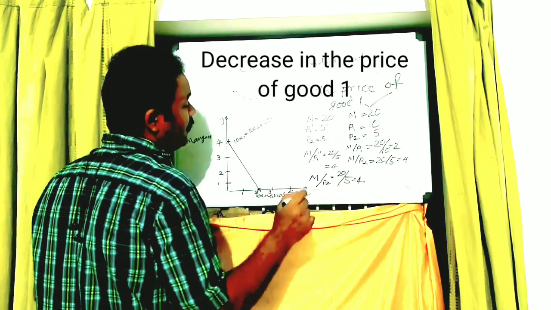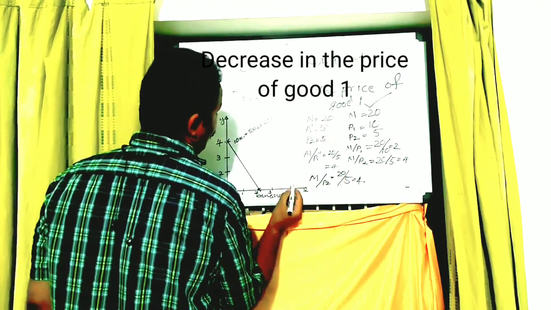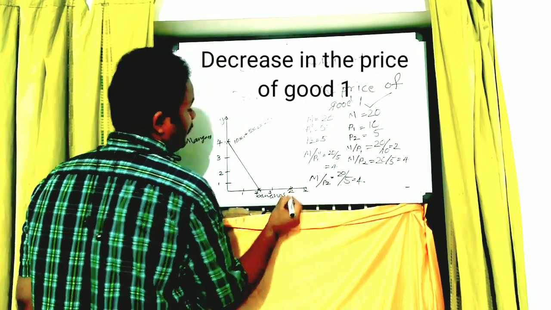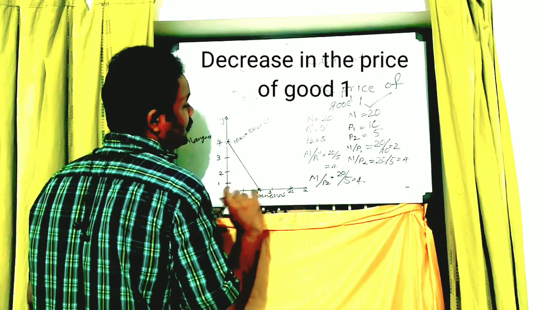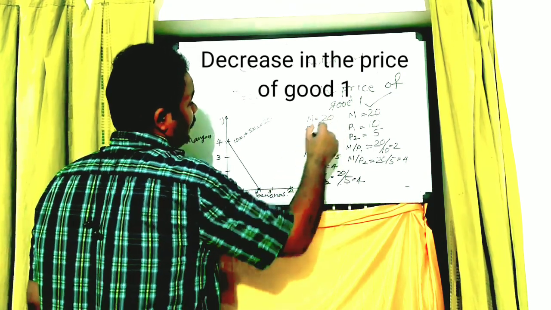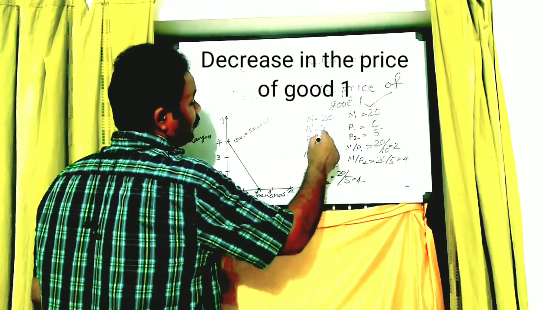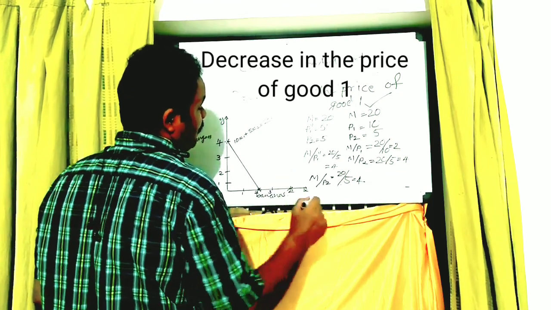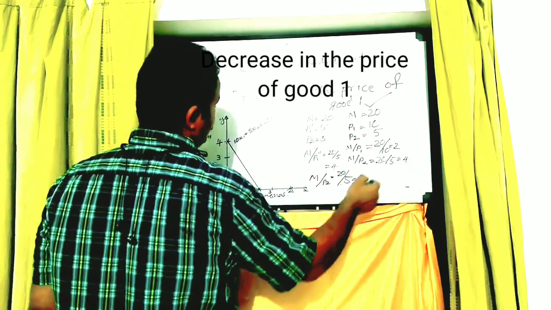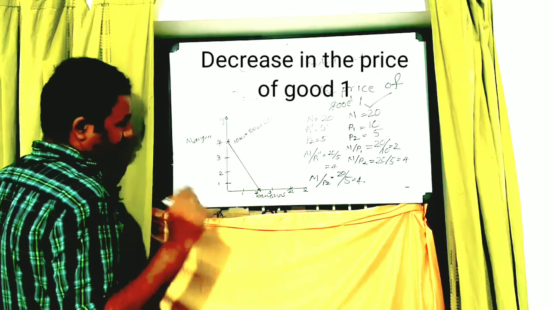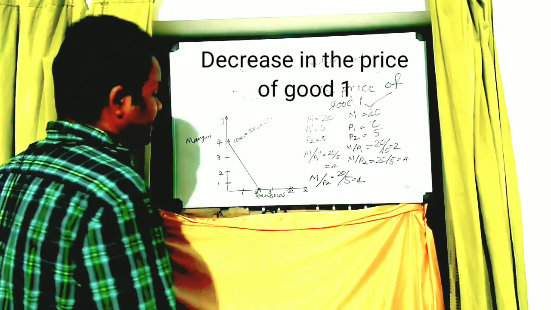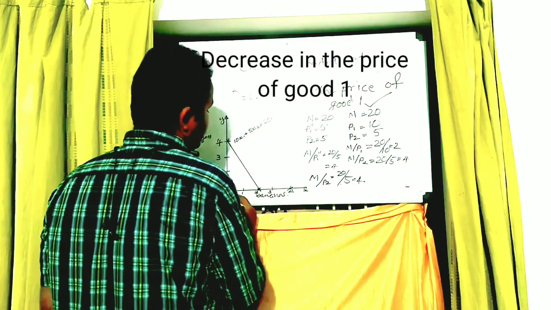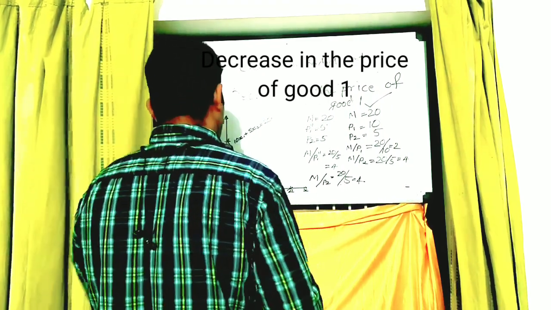Then the new horizontal intercept is 4 here. So we can mark here. M by P2, the vertical intercept. There is no change in the income of the consumer and the price of good 2. So here also the same, 20 by 5, that is equal to 4 here. Okay. So there is no change in the vertical intercept. The horizontal intercept is changing from 2 to 4.